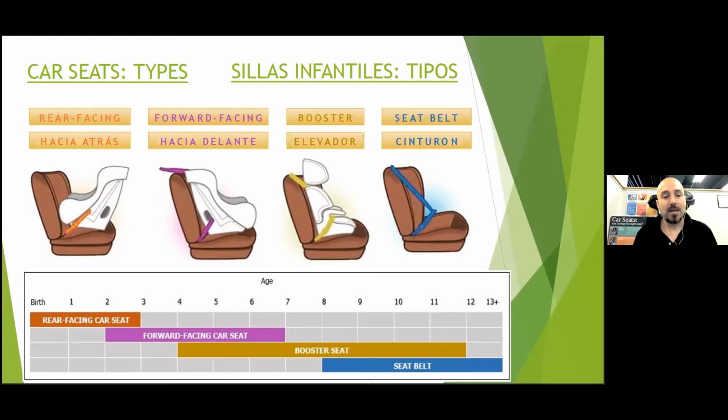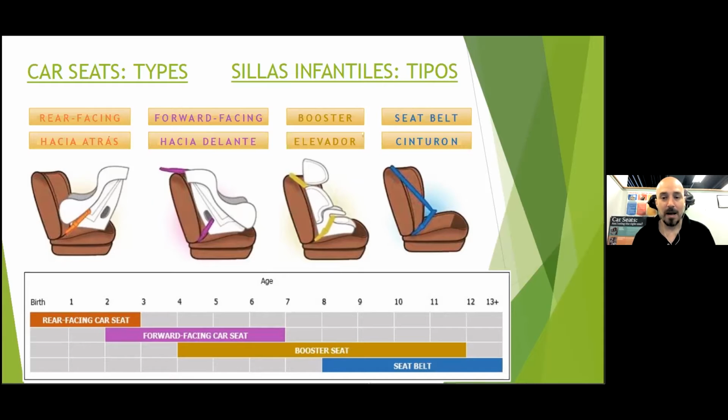Forward facing starts at 2 years old, and they can usually go until they are 5 or 6 years old. They can be a little longer, and the minimum is 4. We don't want to have kids less than 4 years old in the next position, the booster. For the booster, I usually recommend starting when they're 5 or 6 years old, and they can go as long as 12, because the booster depends on how tall the kid is.